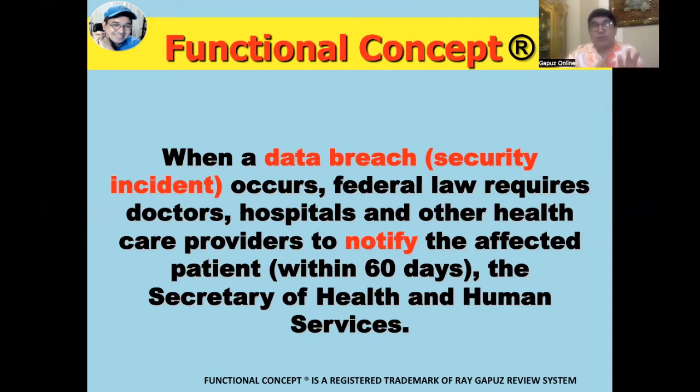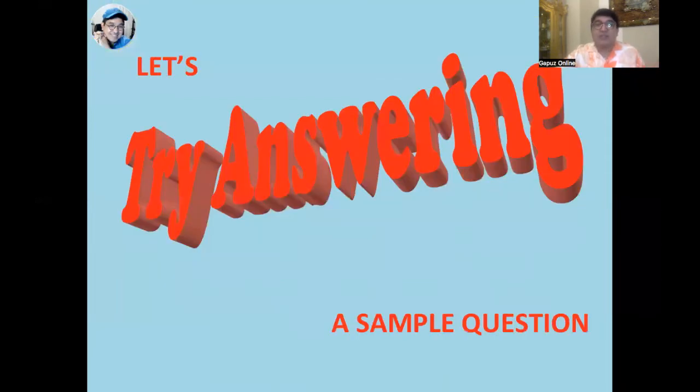And the most important thing is that within the facility, they have to have a committee that should be specifically tasked to deal with the incident and eventually come up with recommendations to rectify the breach that has occurred.